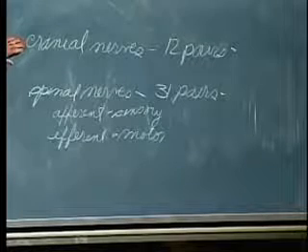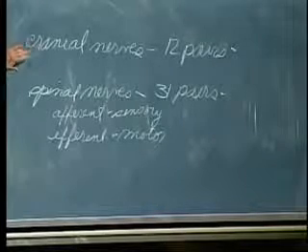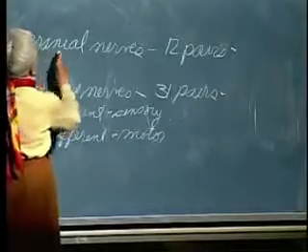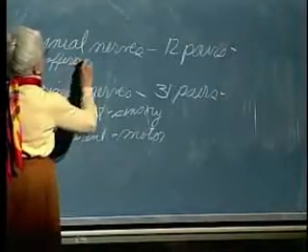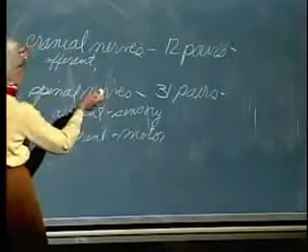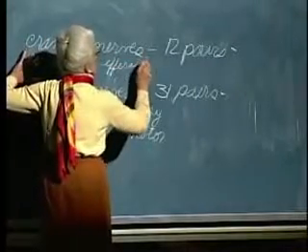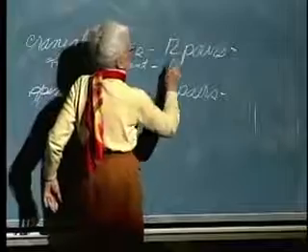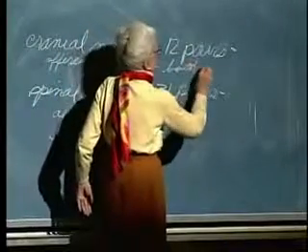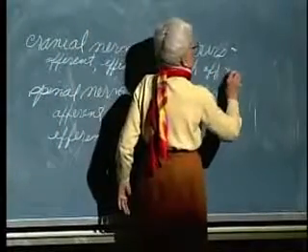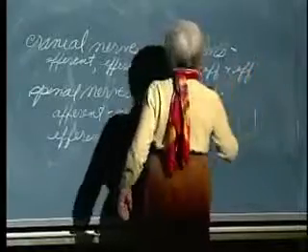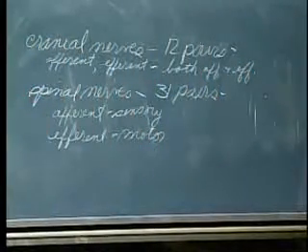Cranial nerves, some of them we'll see, will be strictly afferent. Some will be efferent. And some will be both, afferent and efferent. But we'll see those as we develop the system.